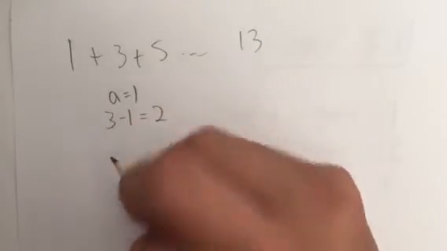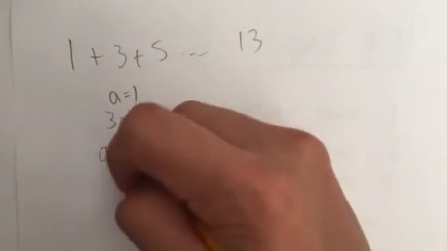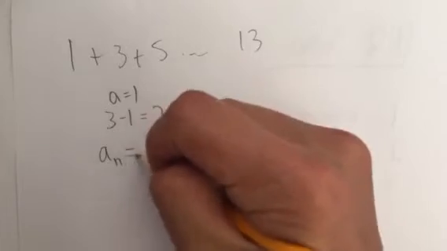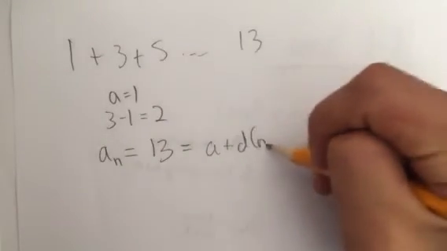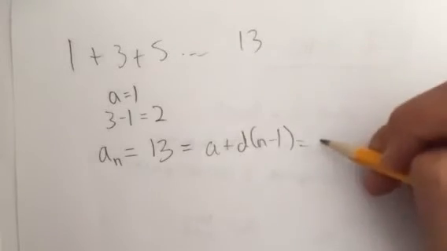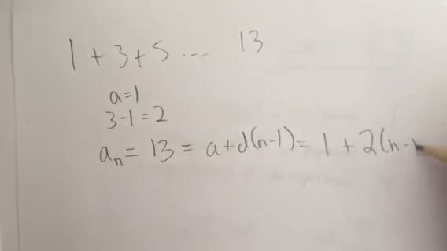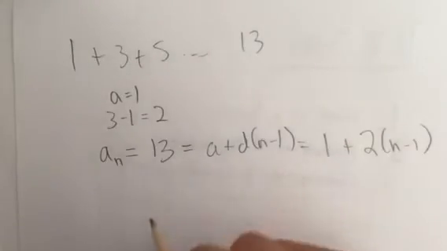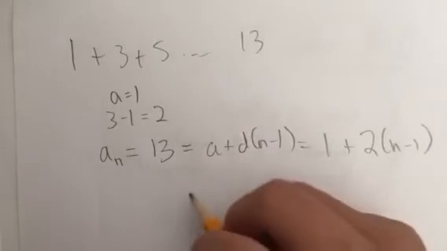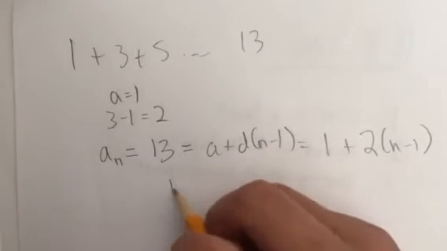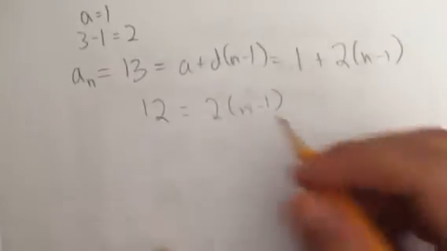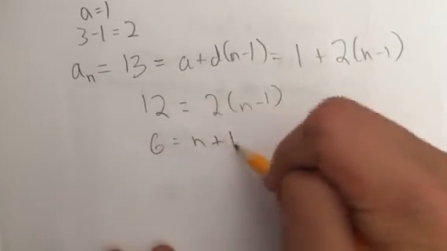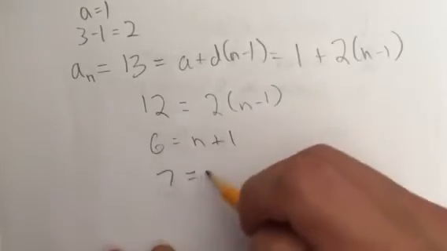We need to find the number of terms in here. But we know what that is, right? A sub n is 13, which is a plus d times n minus 1, which is 1 plus 2 times n minus 1. So solving for n, we can subtract 1 from both sides, and divide by 2, and then add 1 back on, so we get 7 equals n.